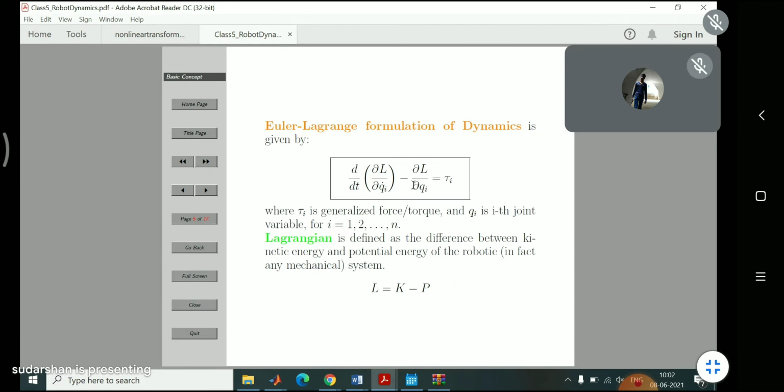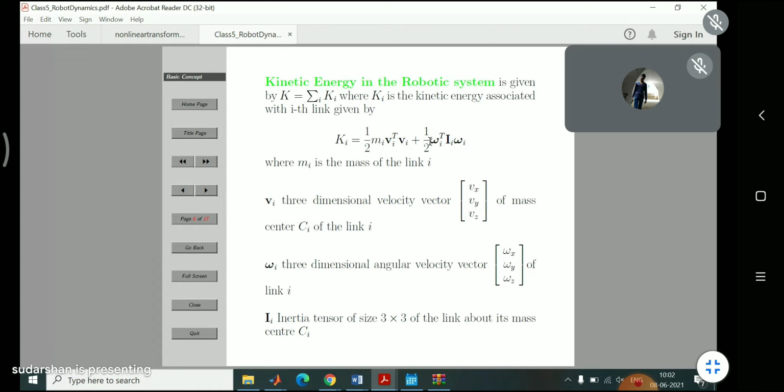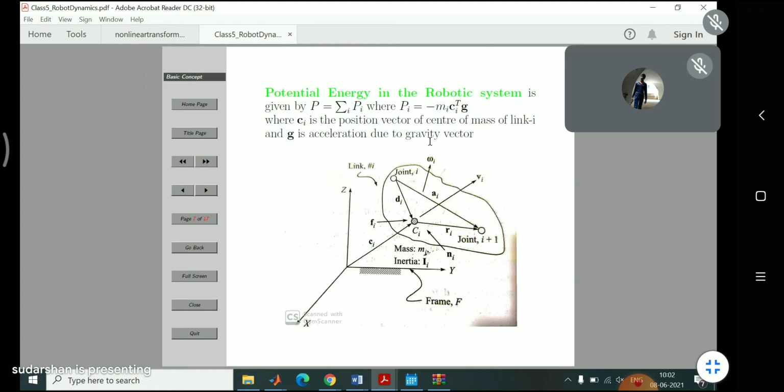So what are the terms we need? We need kinetic energy and potential energy. Kinetic energy is given by half m v transpose v plus half omega transpose I omega, and potential energy is given by m times c transpose times g. So we need to get these terms.